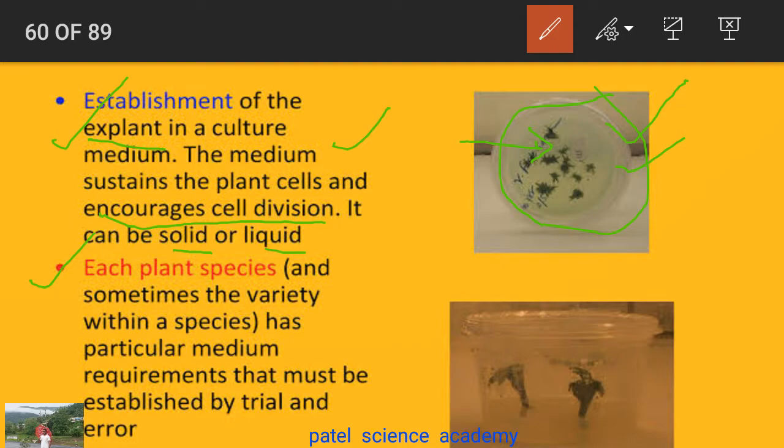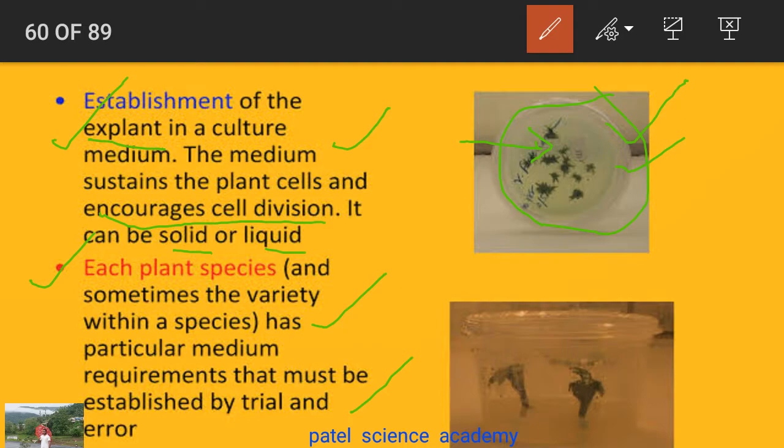Then each plant species, and sometimes the variety within the species, has a particular medium requirement that must be established by the trial and error method. So this trial and error method means you have to repeat this process as many times as needed until you get a successful result.